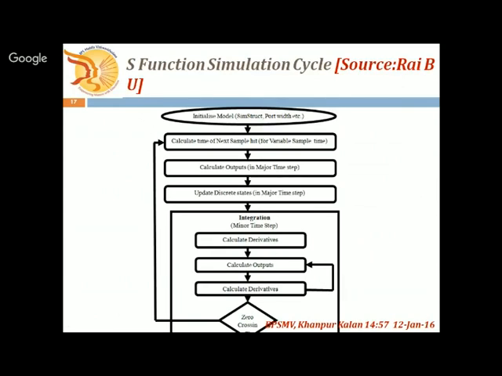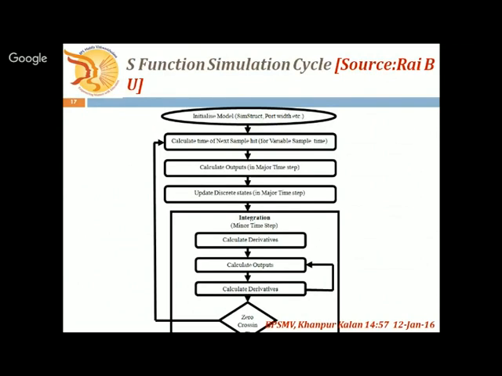Firstly 0, then 3, then 1, 2 for continuous state or discrete. Then in the next simulation step, the same process is repeated.